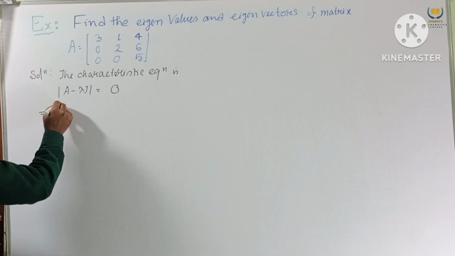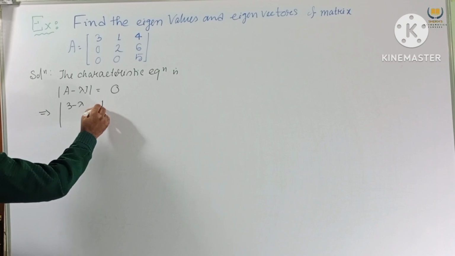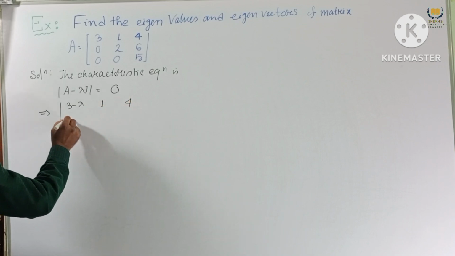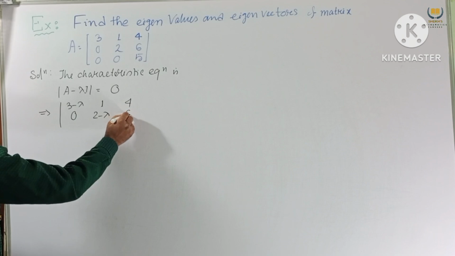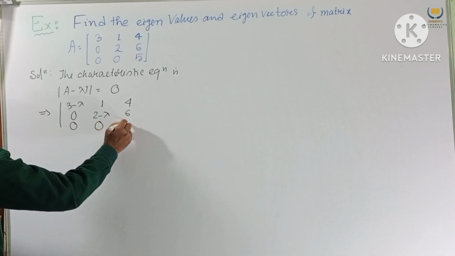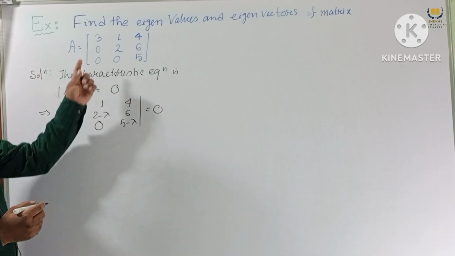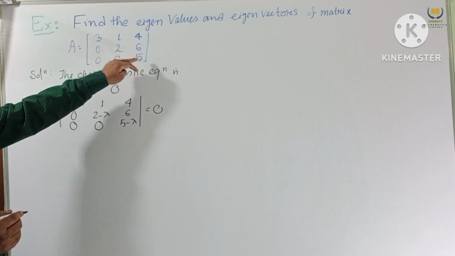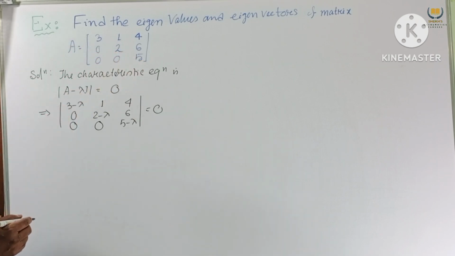So this implies the determinant of [3 minus lambda, 1, 4; 0, 2 minus lambda, 6; 0, 0, 5 minus lambda]. We just subtract lambda from the diagonals. These are the diagonal elements: 3 minus lambda, 2 minus lambda, 5 minus lambda.